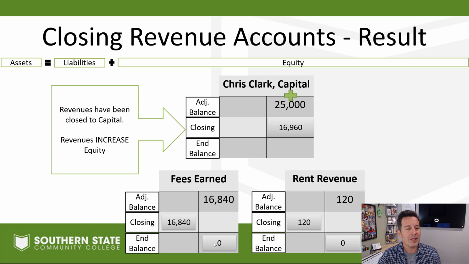So capital is an equity account. It's on the right-hand side of the accounting equation. It's going to go up on the right-hand side and go down on the left-hand side or the debit side. So that's how we close out our revenue account. We simply just take the opposite and then we're going to dump that sum into the capital account.